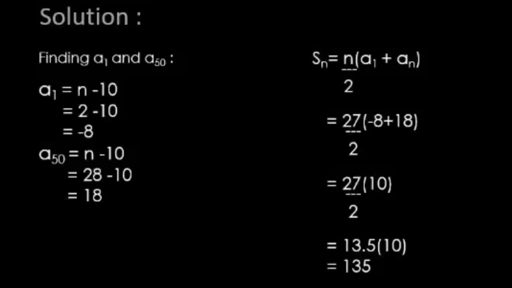Now let us move on to a sub n, which is the nth term. Following the same formula, n minus 10, let us replace n with 28, which should be the nth term in the sigma, giving us 28 minus 10. When we subtract 28 minus 10, we get 18. A sub n is equal to 18.